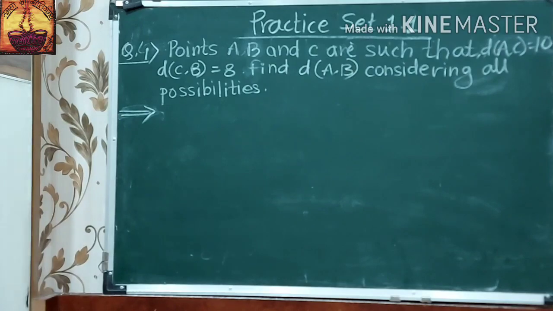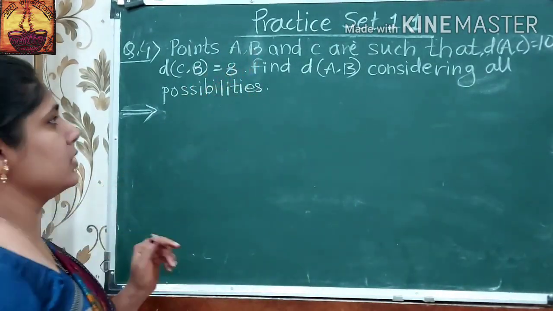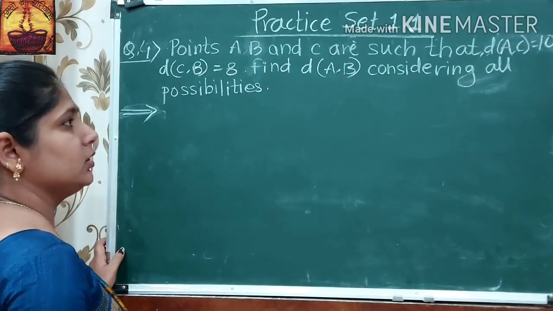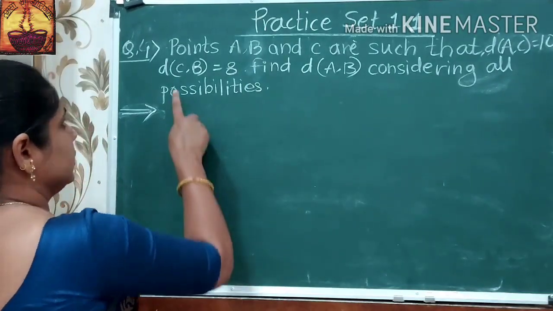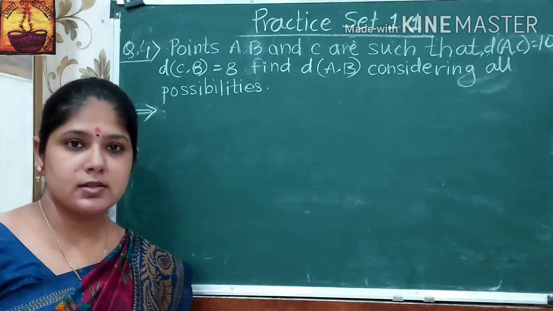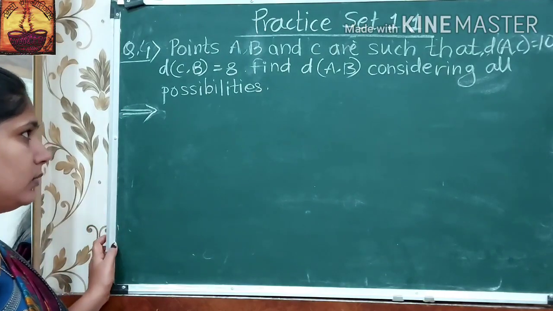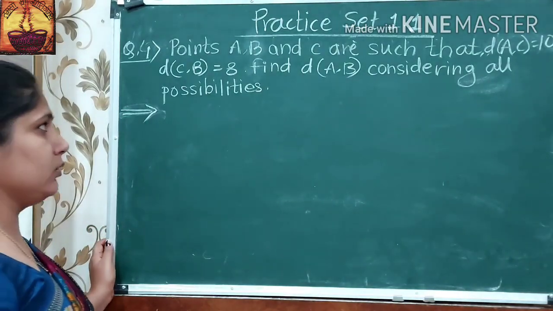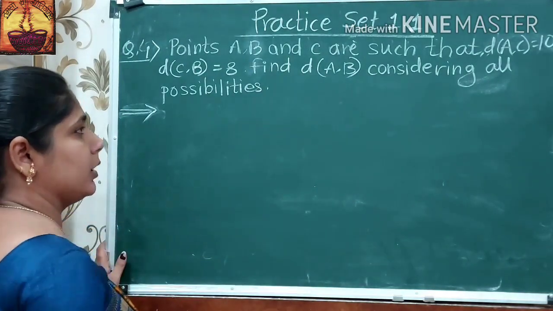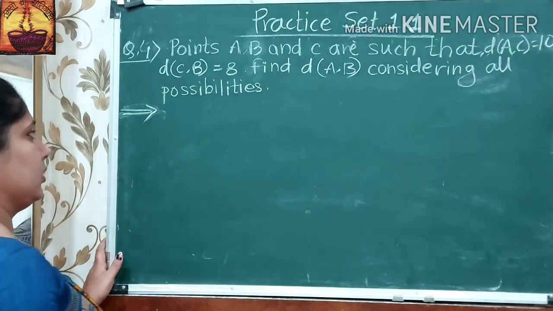Now the fourth question is, on a number line, points A, B and C are such that distance AC is equal to 10, distance CB is equal to 8, then find distance AB considering all possibilities. In this question, we have to find the distance AB in two conditions or two possibilities.